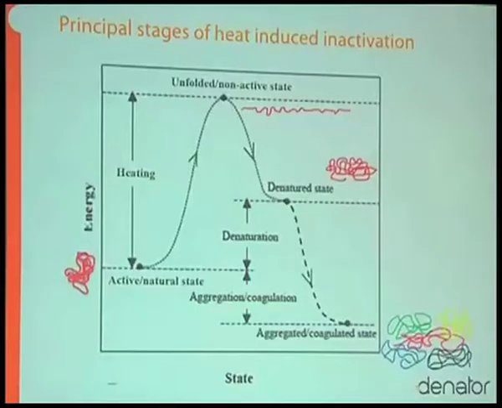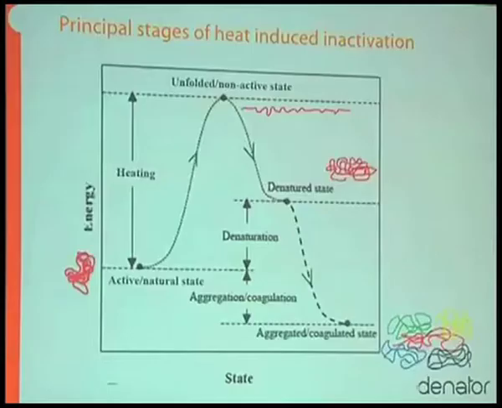So what we do here is we take the sample and apply heat. We add energy, heating the sample to roughly 90 degrees centigrade, and that causes the proteins and the enzymes to unfold into a linear, non-active state.